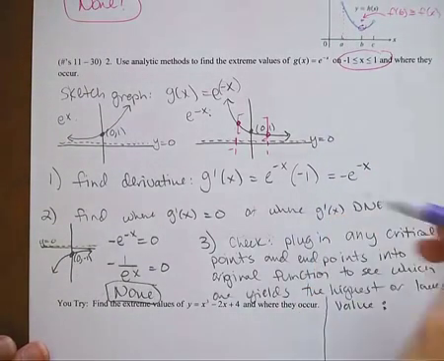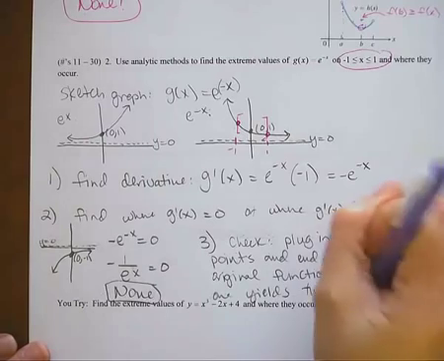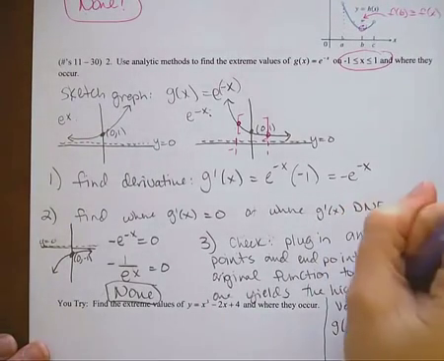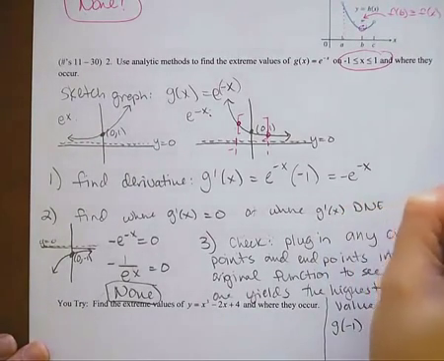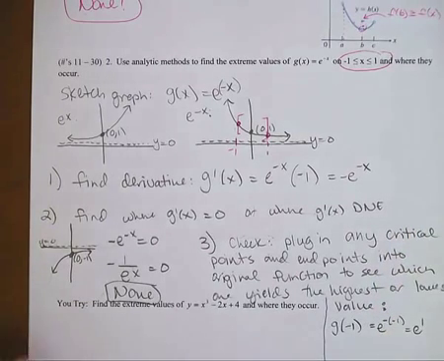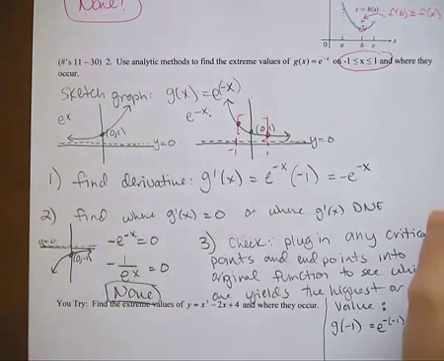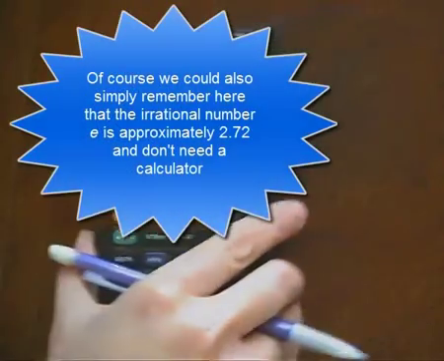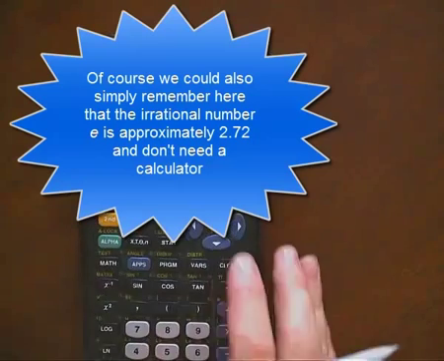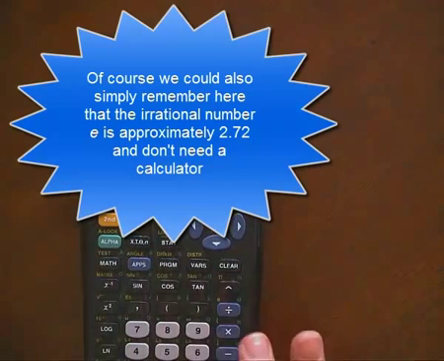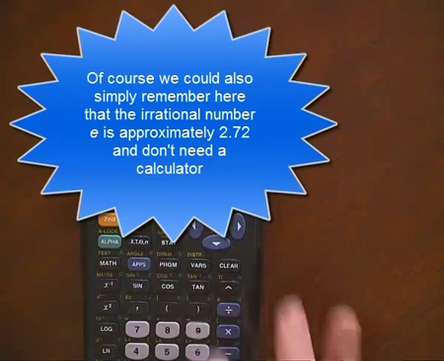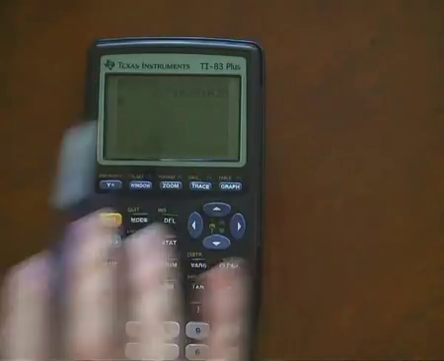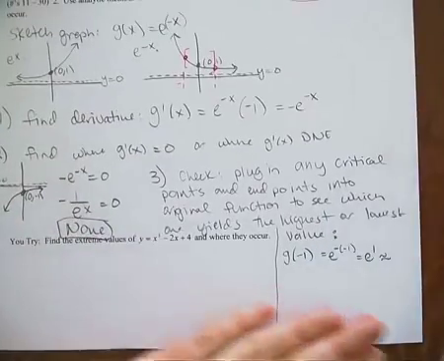which are -1 and 1. So I'm going to plug in -1 into the function, and I get e to the -(-1), which is e to the first power, which is approximately, if I look on my calculator, 2.72.